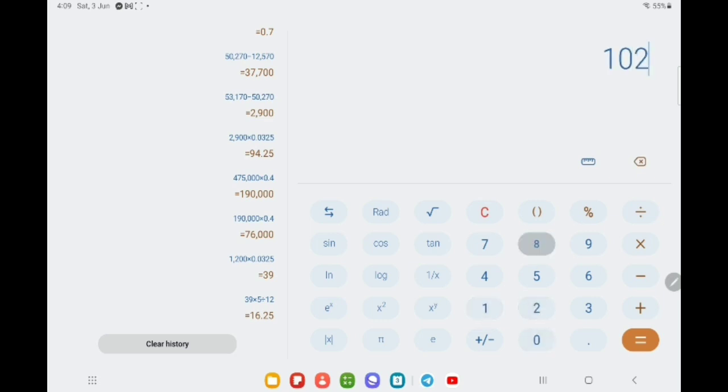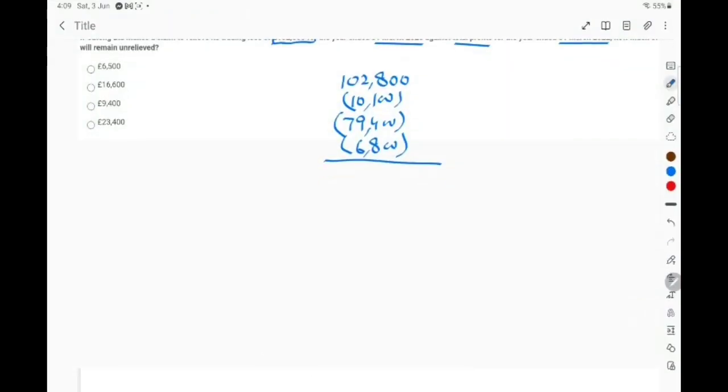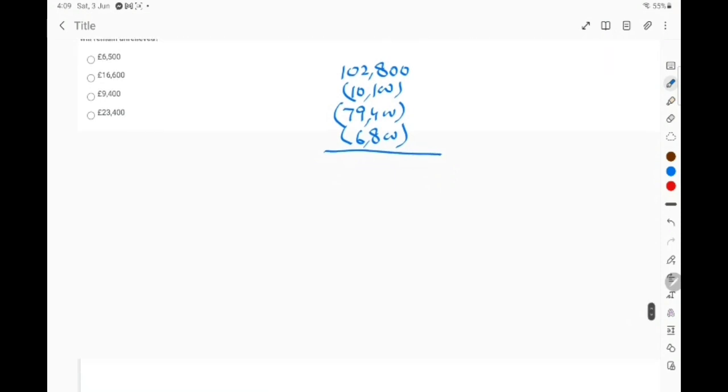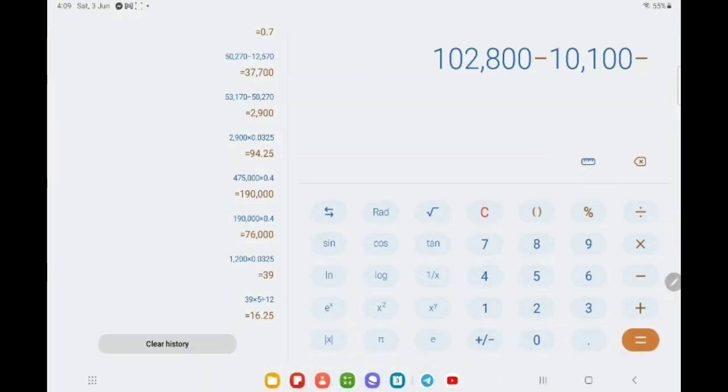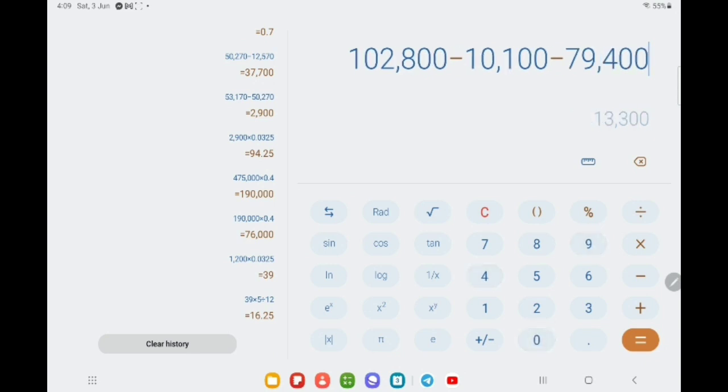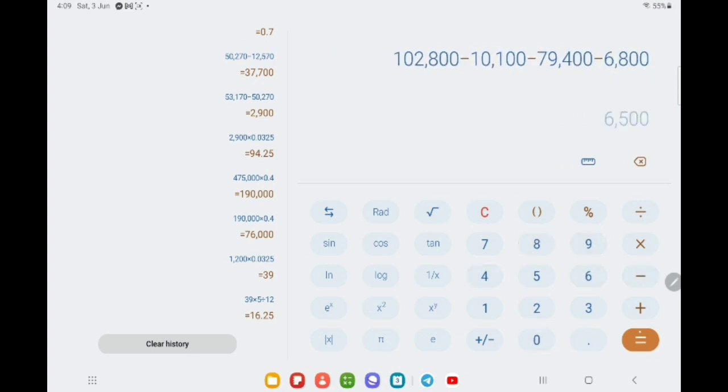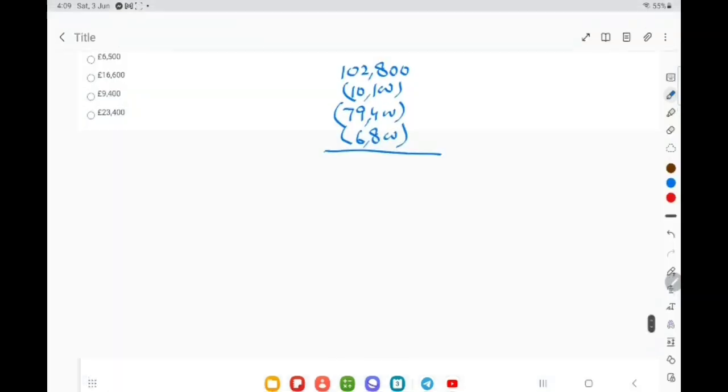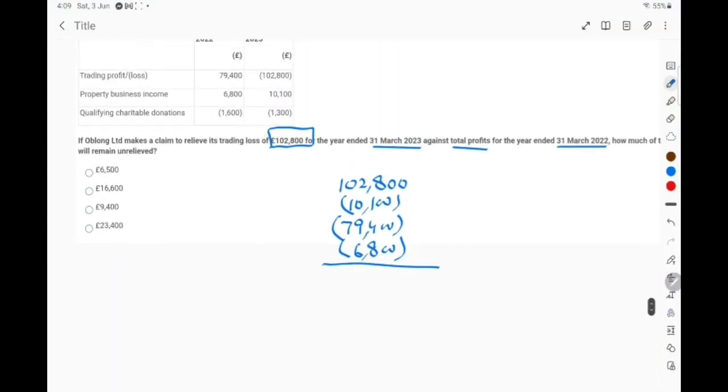This is 1,02,800 minus 10,100 minus 79,400 minus 6,800. So it is the amount of 6,500. So if Oblong makes a claim to relieve the trading loss of 1,02,800, first it will be set off against current year property income and then previous year total profit.